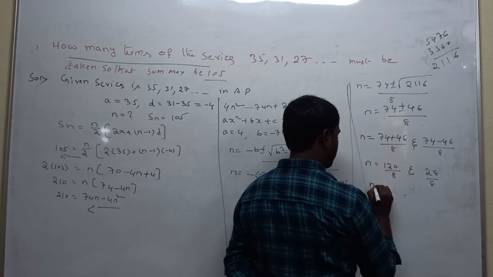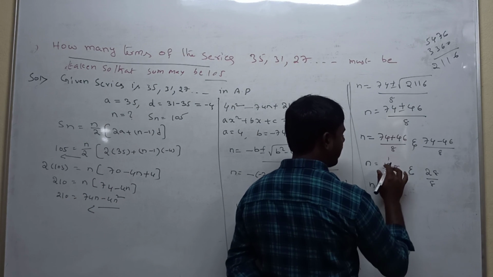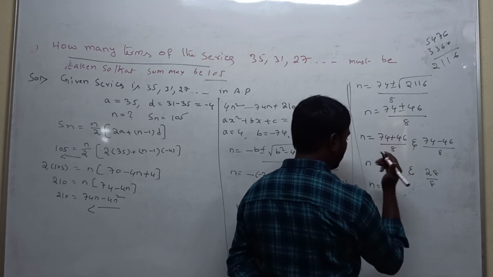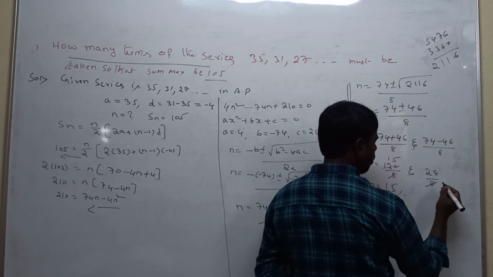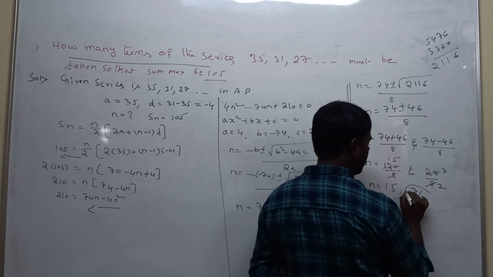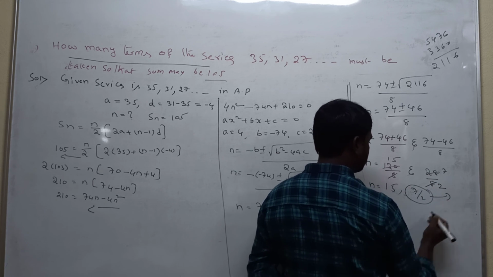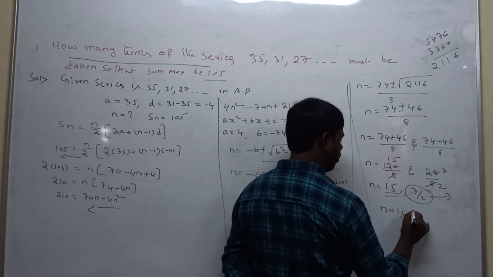Now we can eliminate: 8 into 15 is 120, so that value is 15. Next, 4 into 7 is 28, 4 into 2 is 8, so that value is 7 by 2. Now this is a rational number, this value is not possible, only the possible value is 15. So n is equal to 15.